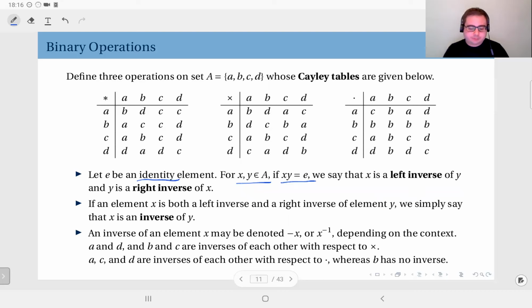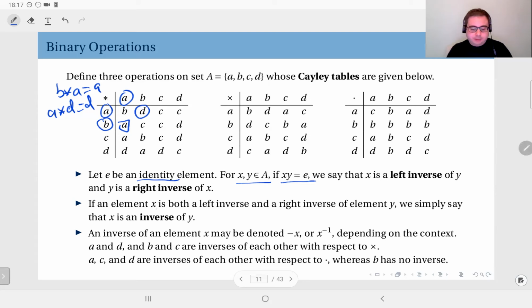For instance, when you look at the star operation, let's take B and A. If you operate on them, B star A, you get A. But if you switch the order, you take A first, A star D, you get D. The result is different. We are going to see this in a minute, which means the star operation is not commutative. So the order here is important. Left inverse, right inverse, it matters.